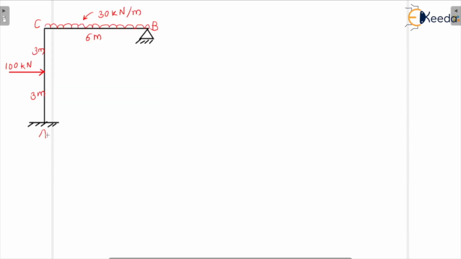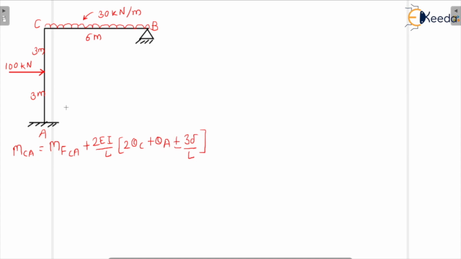Now let us write down the equations. So M of CA is nothing but the fixed end moment M of CA plus 2 EI by L, 2 theta C plus theta A plus or minus 3 delta by L, right?